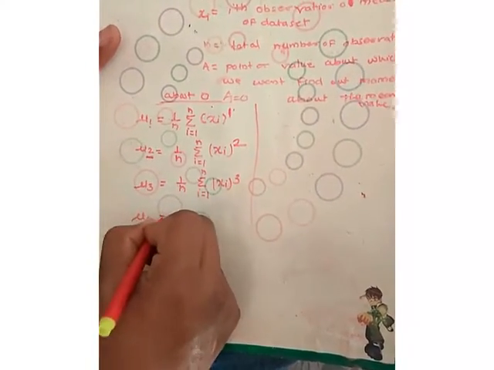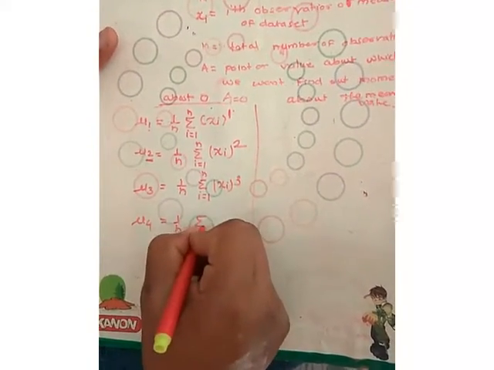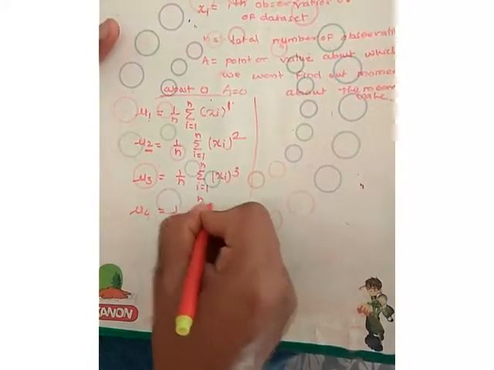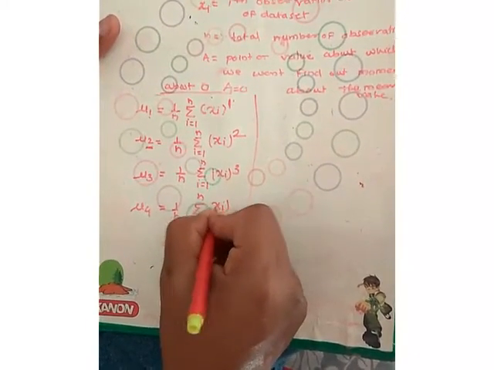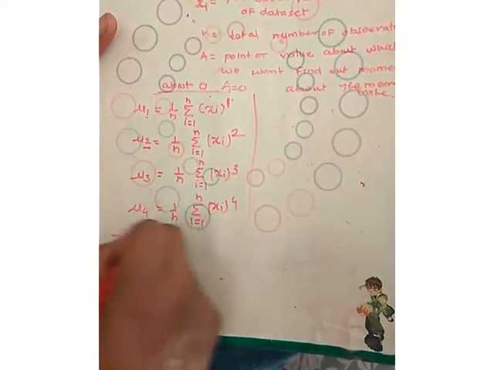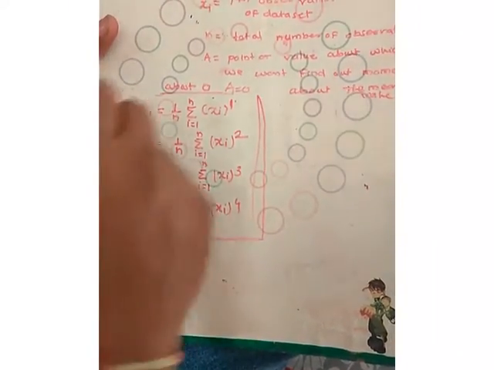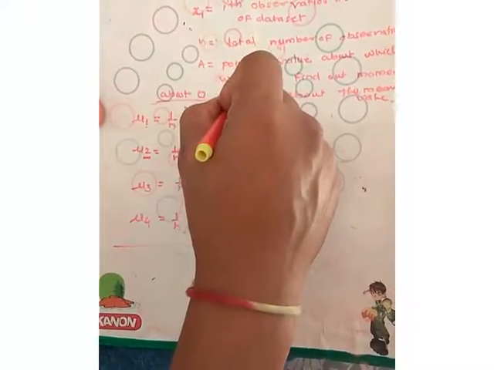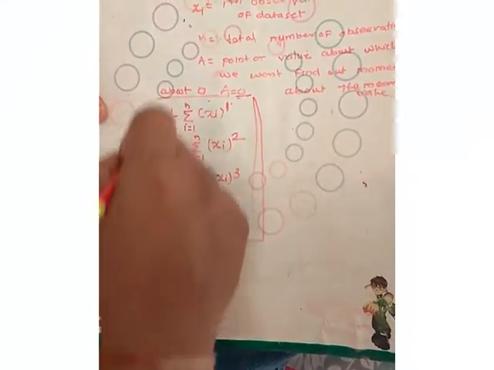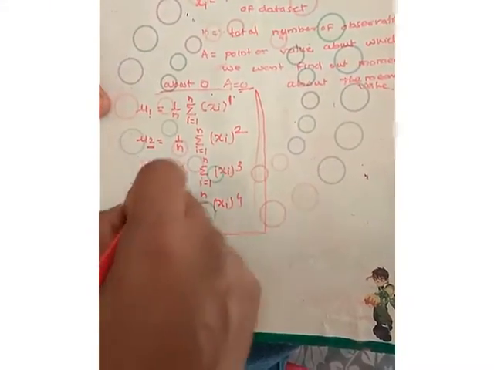Mu 4 is the summation of i equal to 1 to n of xi raised to the power 4. So this is all about the moment of a data set about a point 0, and this is how it is measured with respect to the order.